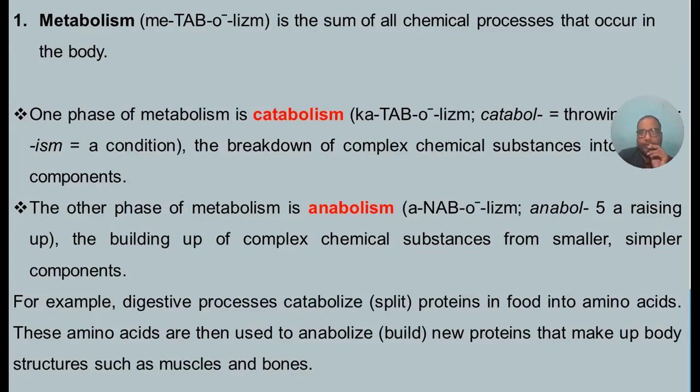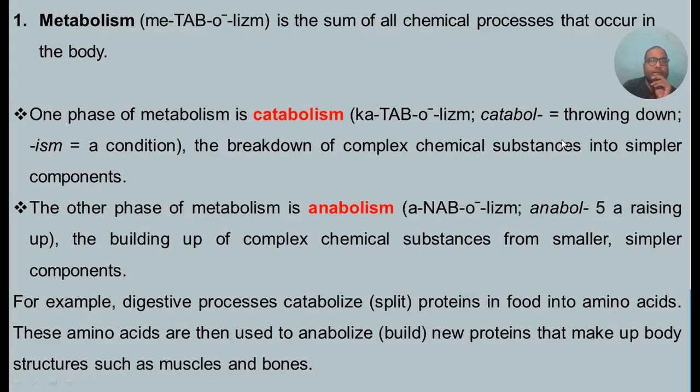One stage of metabolism is the catabolism. You see over here, catabolism means throwing down. The breakdown of complex chemical substances into simpler components is known as catabolism.